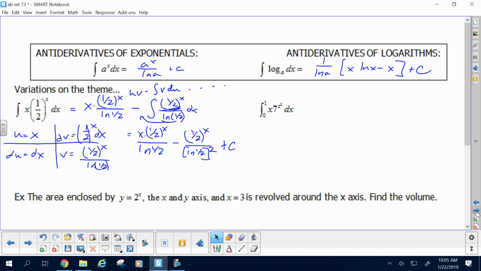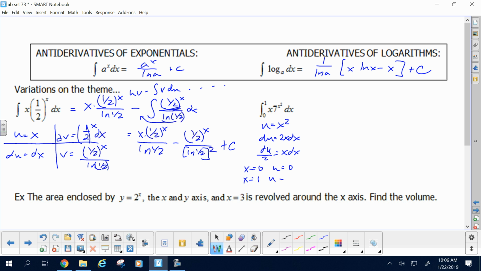Use of u-substitution, yes, it is. But you pick up 1/2 along the way as a byproduct of that 2x derivative.